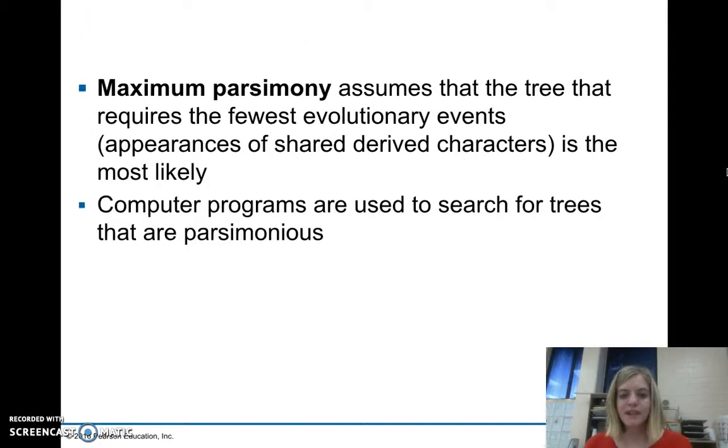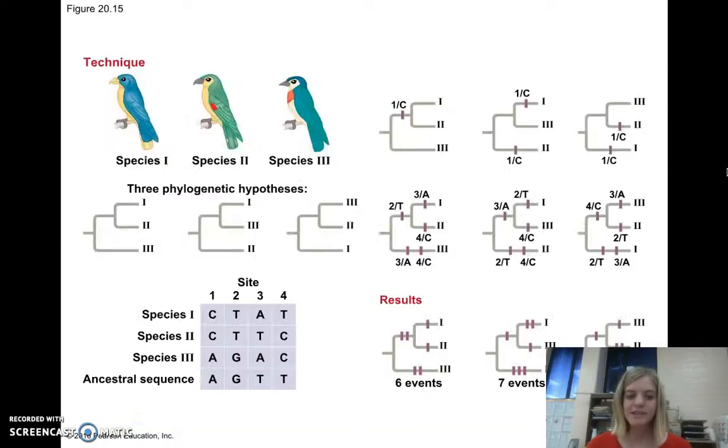This basically means that the tree that requires the fewest evolutionary events, aka the fewest appearances of shared derived characters, is the most likely. And this is because, similar to one of the past examples, the idea is that we probably got here by the simplest methods possible, aka the fewest number of changes, as opposed to everything evolving differently. And computers have greatly helped us out with this.